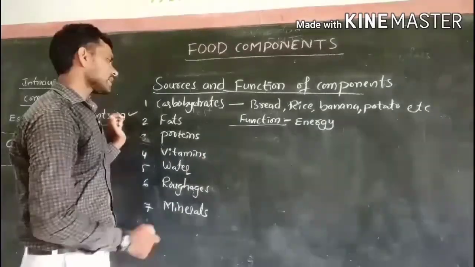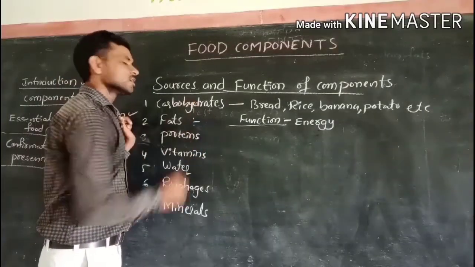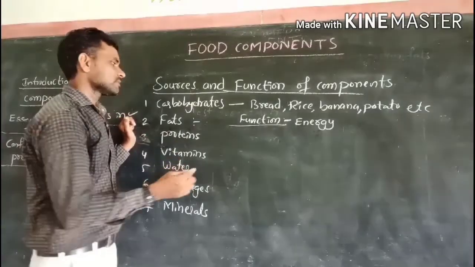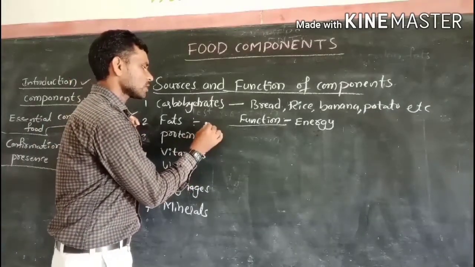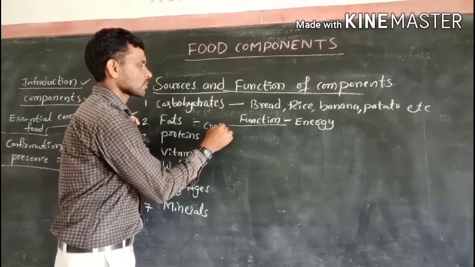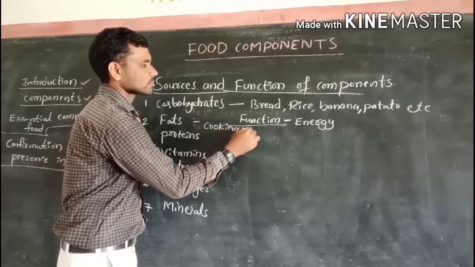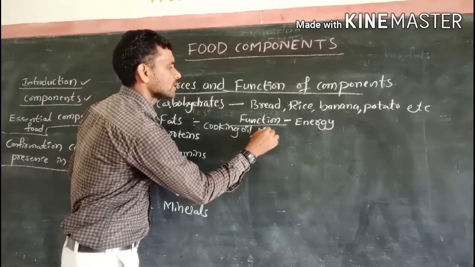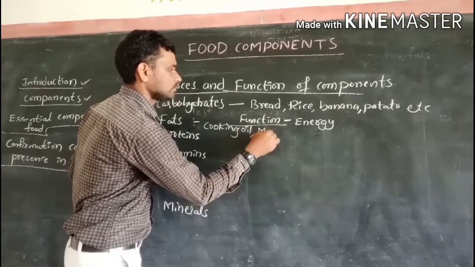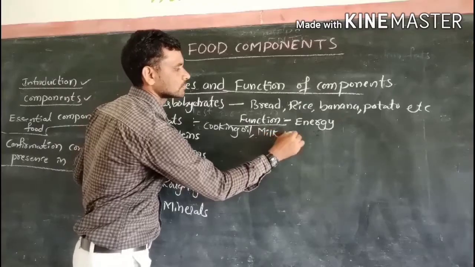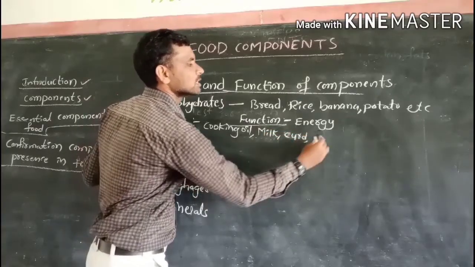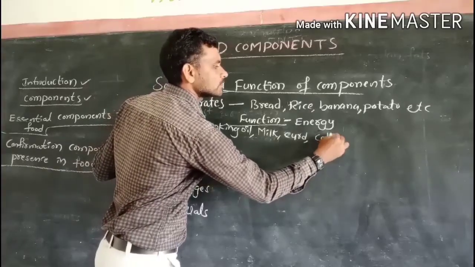Next component is fat. So fats, where do we get fats? Oil, cooking oils, milk, curd, cake.